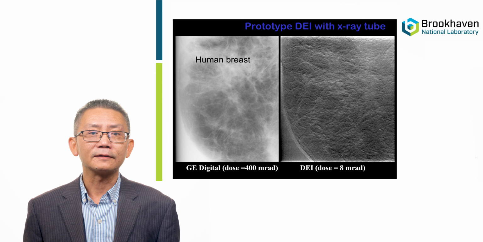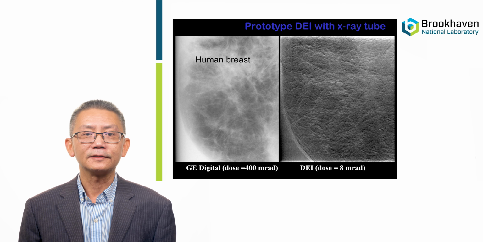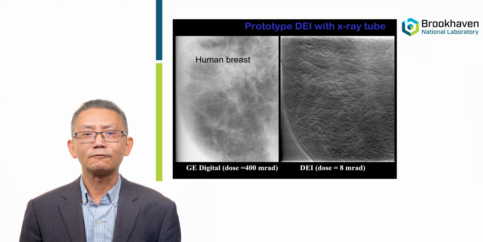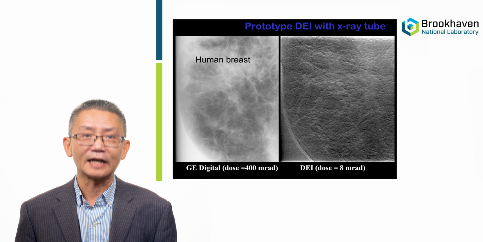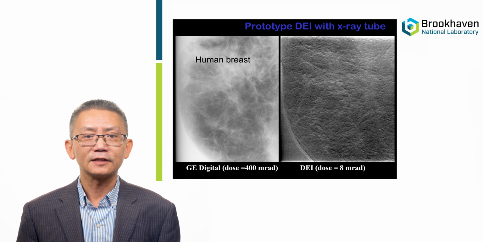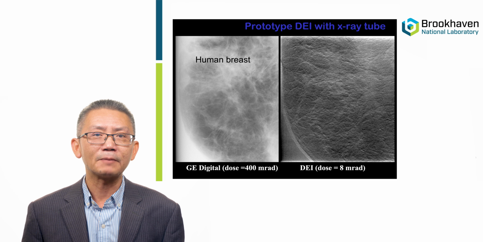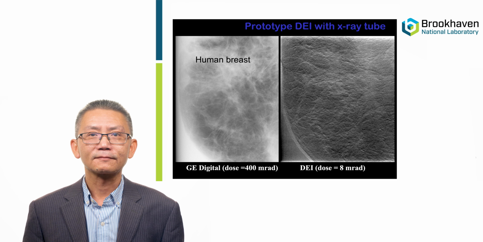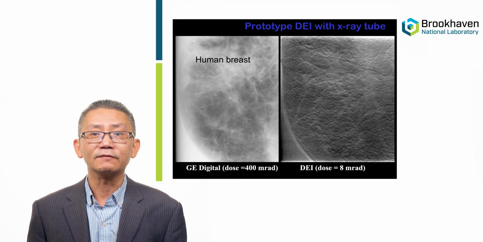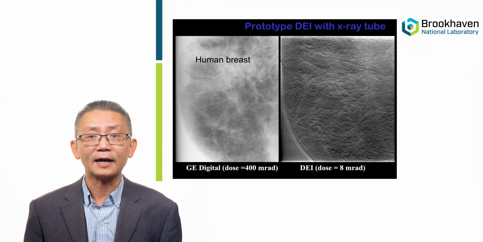So here is the result. On the left side, you see the GE digital image of a human breast. 400 millirad dose. That was taken at 18 keV because they want to highlight the absorption, so they pay a penalty for that. For the DEI image, we imaged at 60 keV, so the breast is almost transparent.